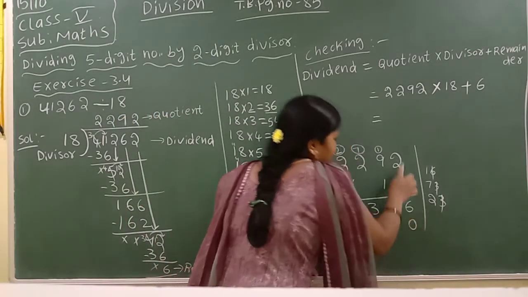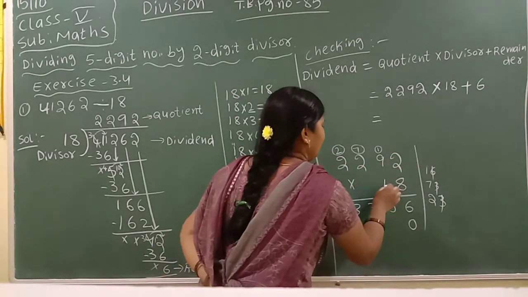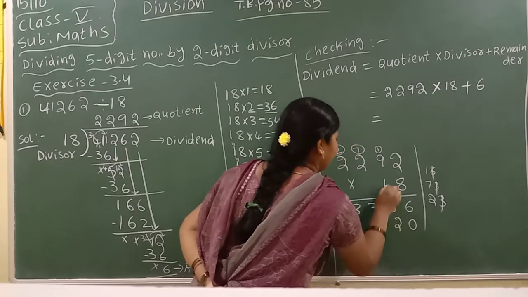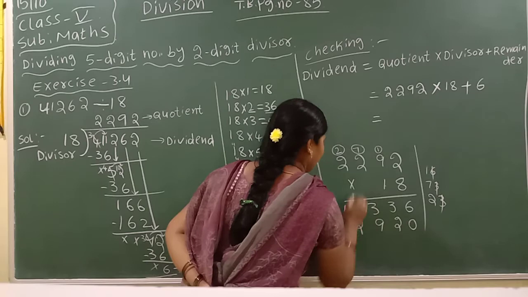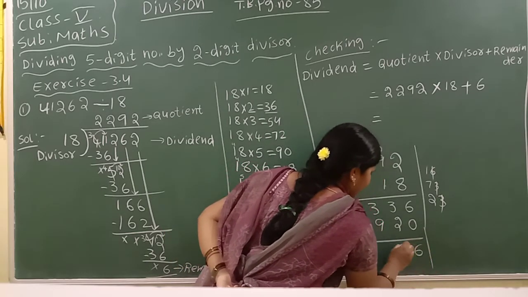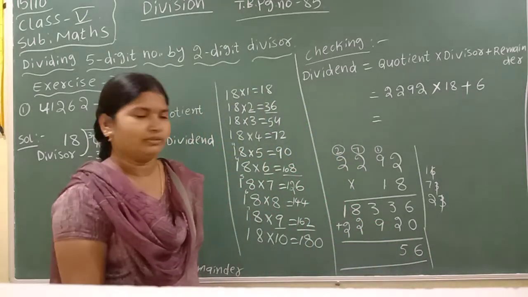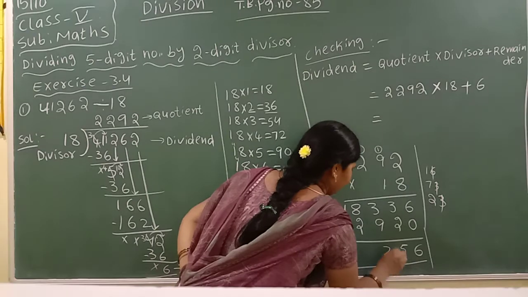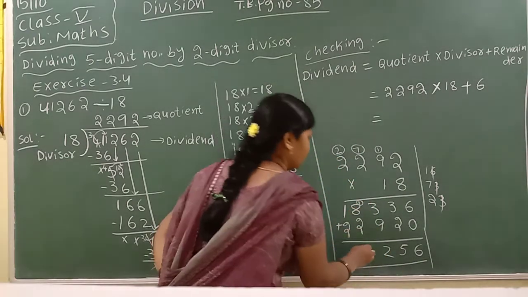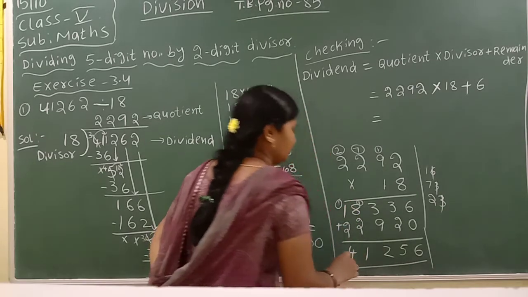1's place completed, means 0. Now in 10's place, the number 2 of this 4-digit number: 2 ones are 2, 1 ones are 9, 1 twos are 2, 1 twos are 2. You have to add all these numbers. 6, 3 plus 2 is 5, 9 plus 3 is 12, 8 plus 1 is 9, 9 plus 2 is 11, 1 plus 1 is 2, 2 plus 2 is 4.